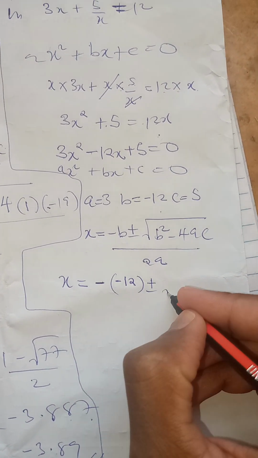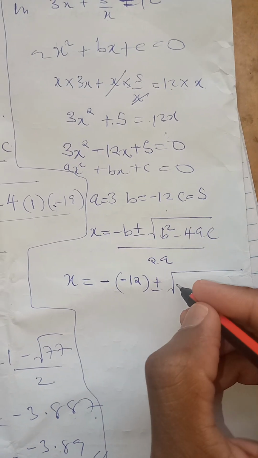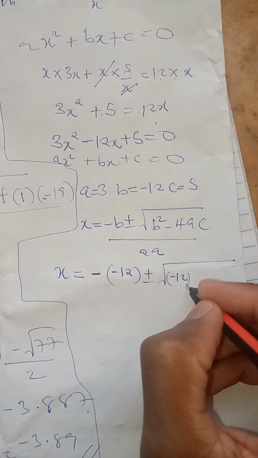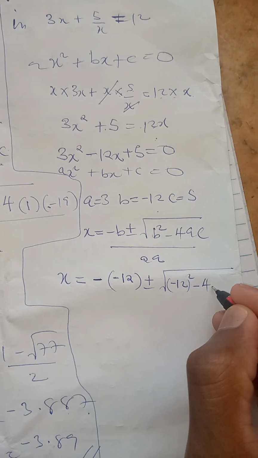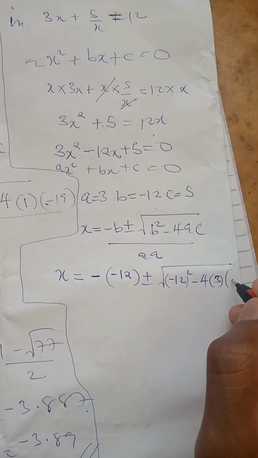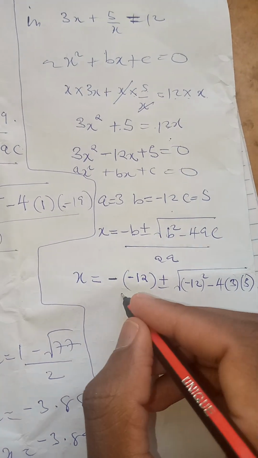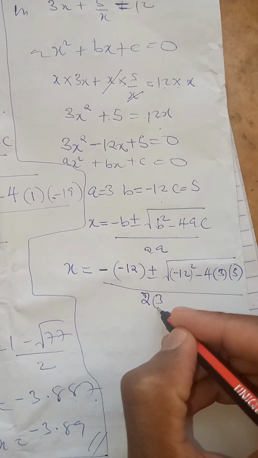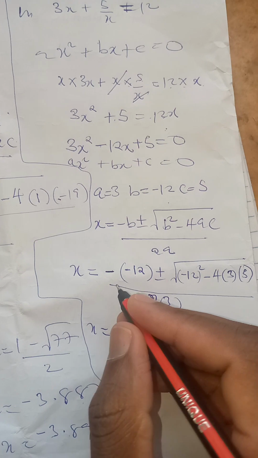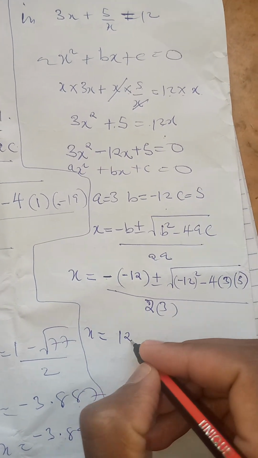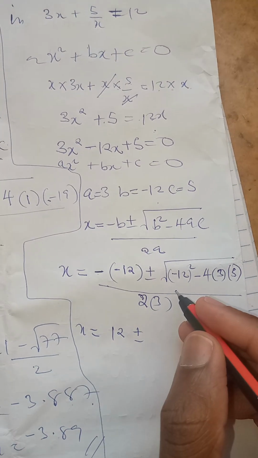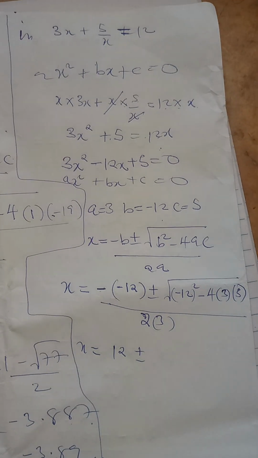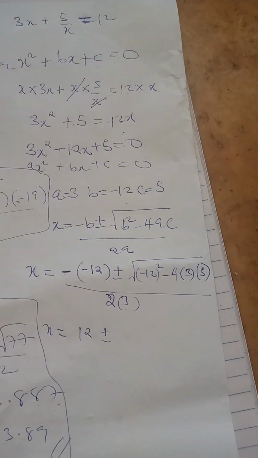Plus or minus the root of b squared, that is negative 12 squared, minus 4. What is a? a is 3. What is c? c is 5. Over 2, what is a? a is 3. So x is negative times negative, that is positive 12, plus or minus, and I'll just do everything at once there. I think you know what to do.